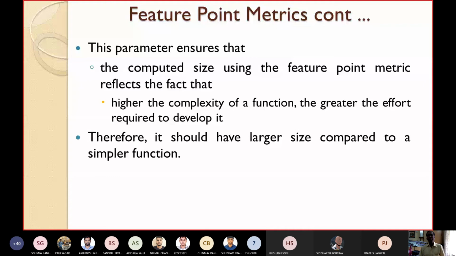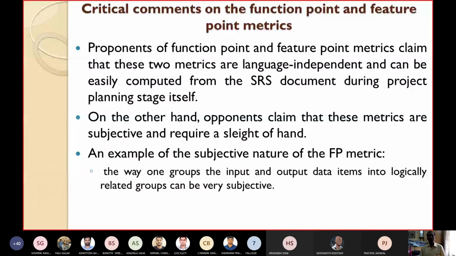Now, some critical comments on the function point and feature point metrics. The proponents of function point and feature point metrics claim that these two metrics are language independent and can be easily computed from the problem description or from the SRS document during the project planning stage itself, that means much before the project starts.